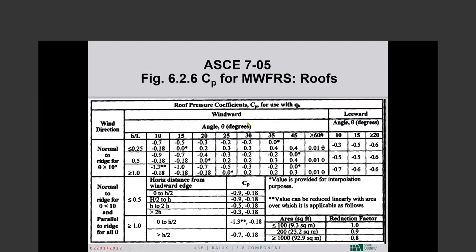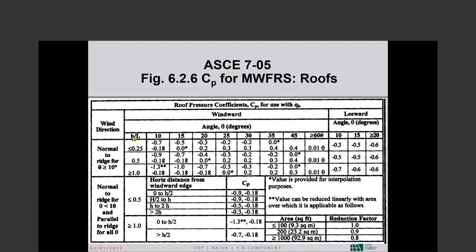This is first of all the wind. So first of all, this is normal to ridge, where the roof angle is larger than or equal to 10 degrees. And this is normal to ridge, where the roof angle is less than 10 degrees, or parallel to ridge. Both are together: normal to ridge for flatter roofs and parallel to ridge for all theta.